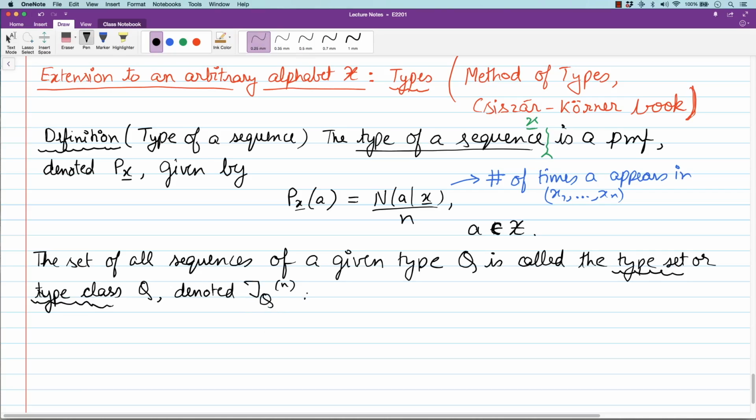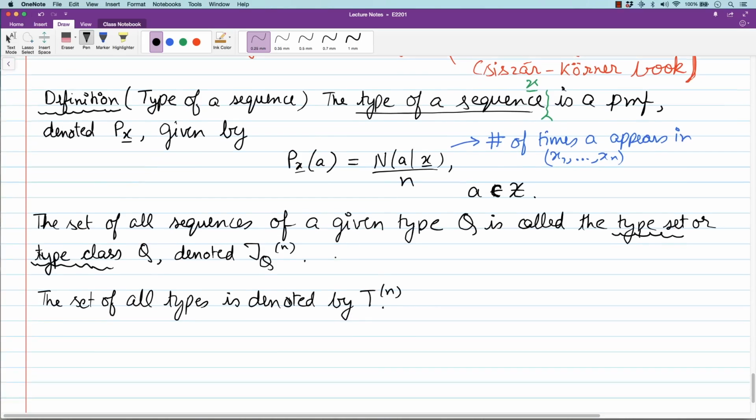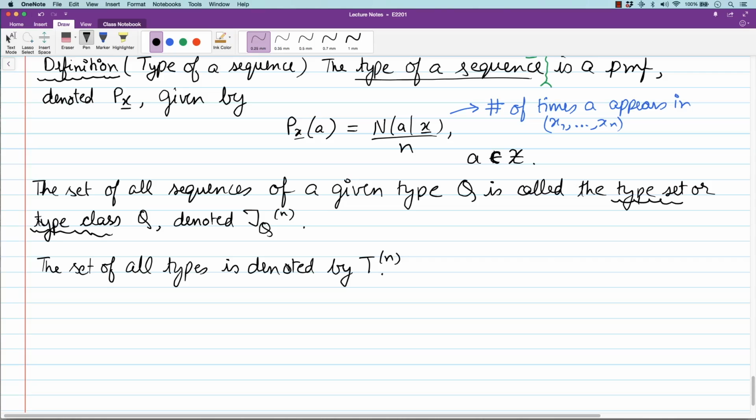Okay, and of course the set of all types. So this is the set of all PMFs which are of this form. The set of all types is denoted by, let's say, Tn. Of course it all depends on n, x, so I'm not putting that part here.